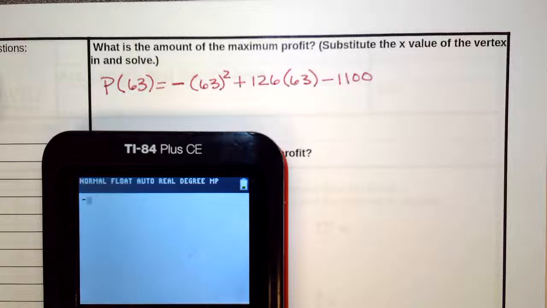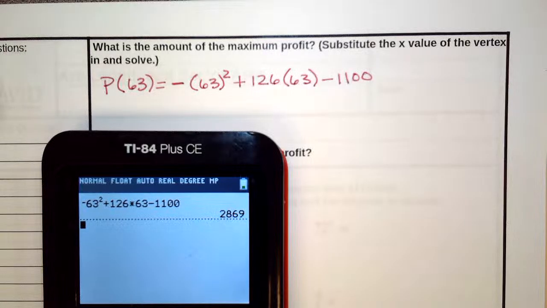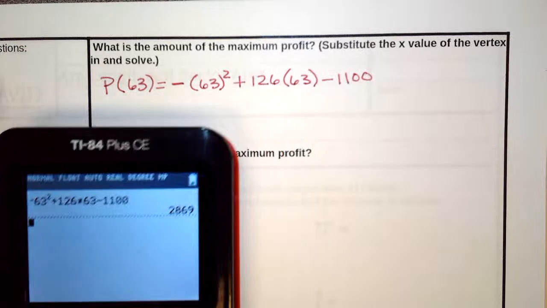The opposite of 63 squared plus 126 times 63 minus 1,100, and what do I get? 2,869.